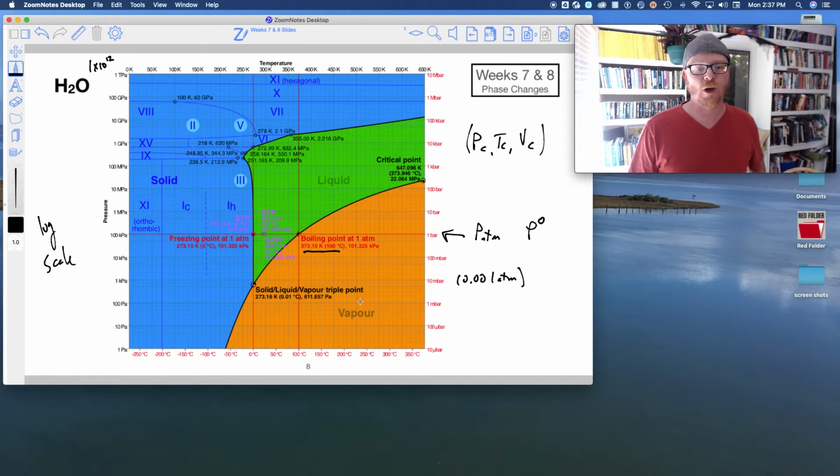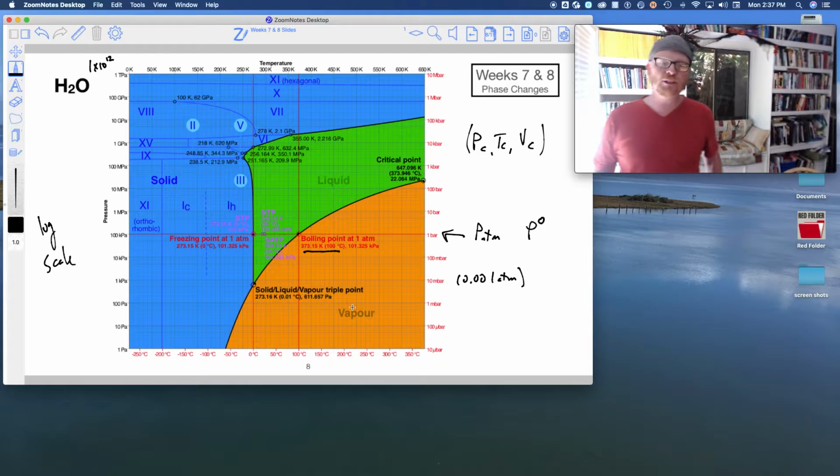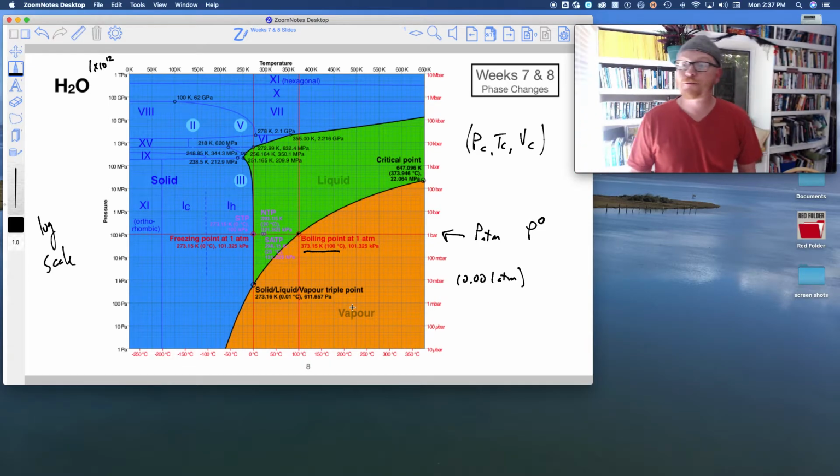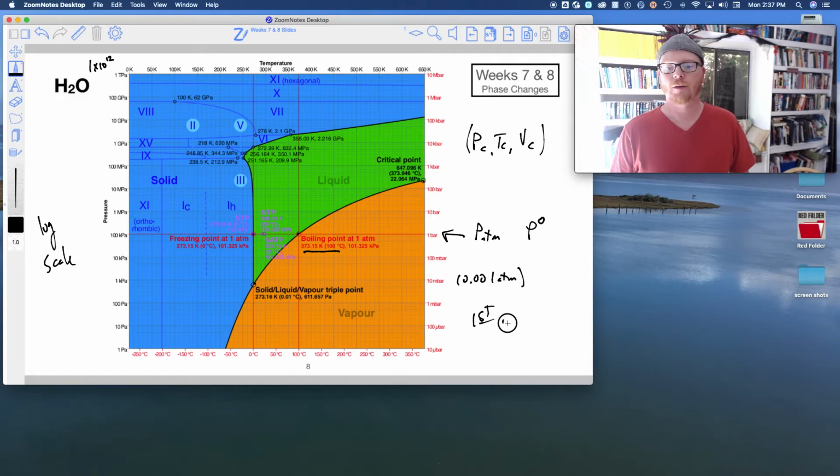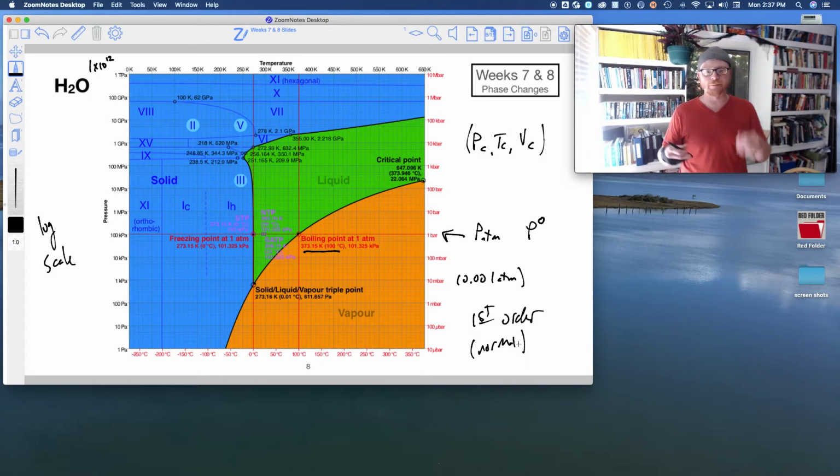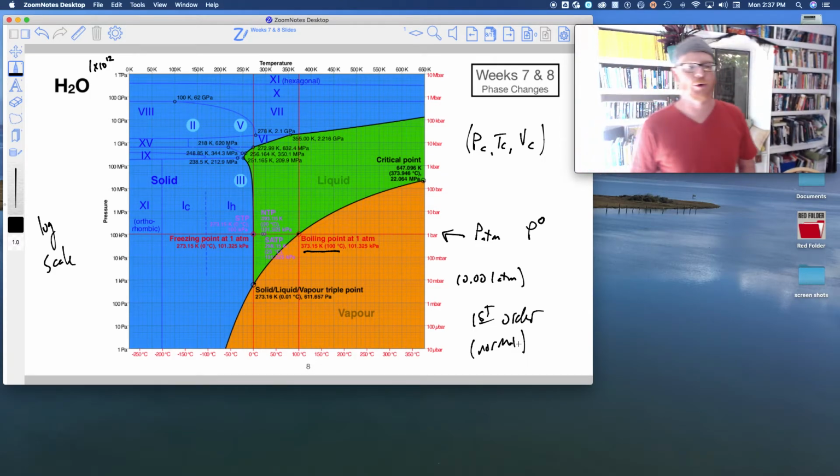So in other words, our normal phase equilibria, our solid to vapor, or our liquid to vapor, that's what I'm going to start calling first order phase changes, okay? First order. And I'll just say that's like the normal stuff that we're used to, boiling, freezing, and so forth.